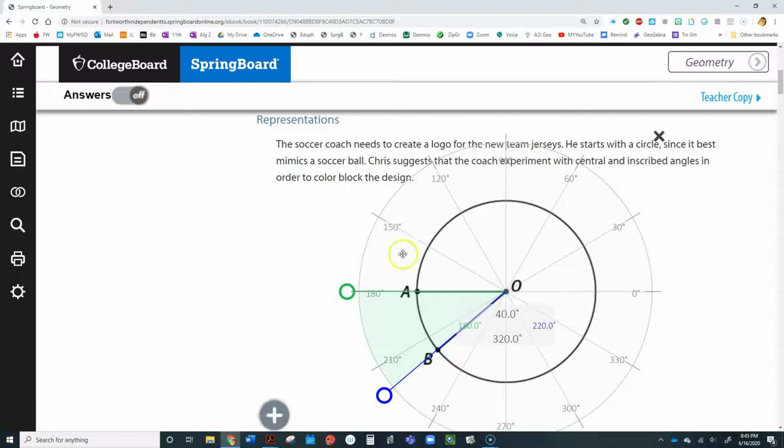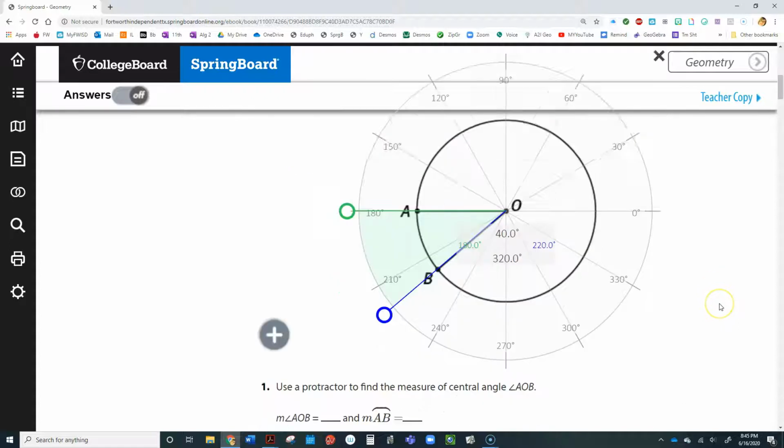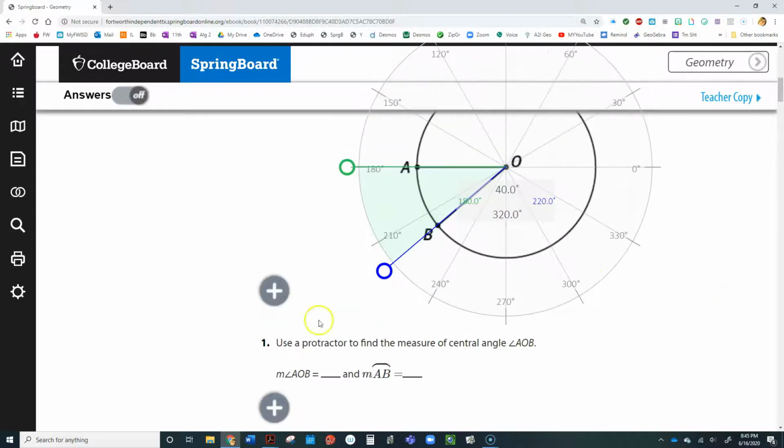Okay, now this is where trouble keeps happening. I'm going to attempt to turn on my drawing tool, but first I was also going to show you that it says use a protractor to find the measure of angle AOB, which is what we just did. The measure of angle AOB is 40, and the measure of arc AB is 40. Why? Because angle AOB is a central angle.